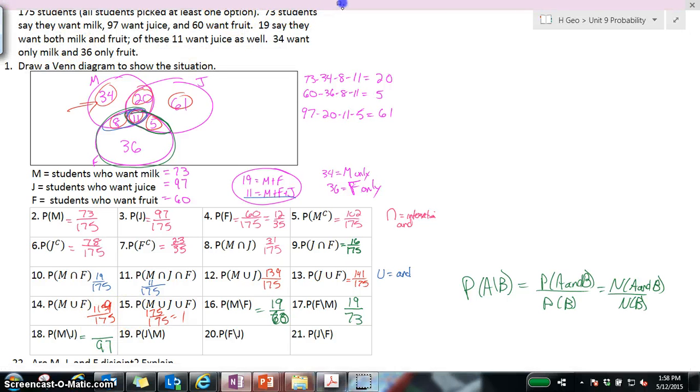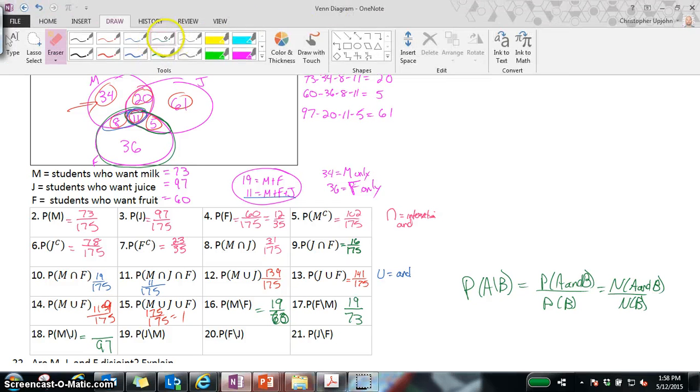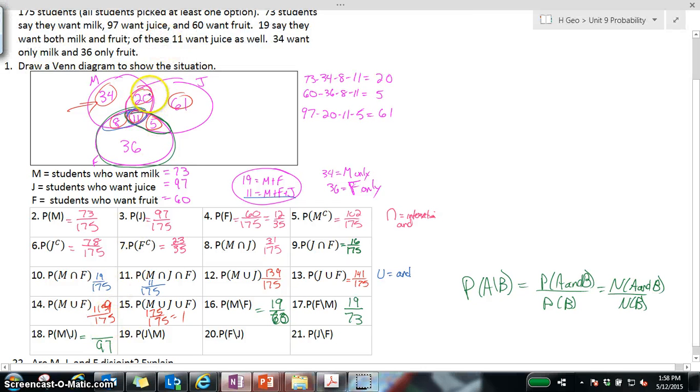M and J is here, 20 and 11, so 31. Now here, M and J is still 31, so the numerator doesn't change, but now the denominator does. It's out of M. Our M is 73. The numerators are the same, the denominator is different.